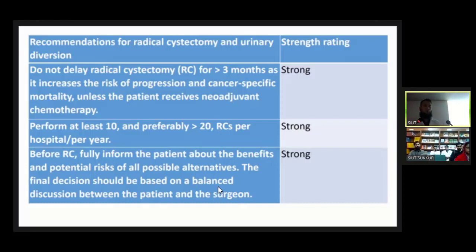Especially if the female is of reproductive age and wants to preserve reproductive function, then this may be an option in experienced hands, as Dr. Asad said. But we have to be sure that the disease is not outside the bladder in these patients.